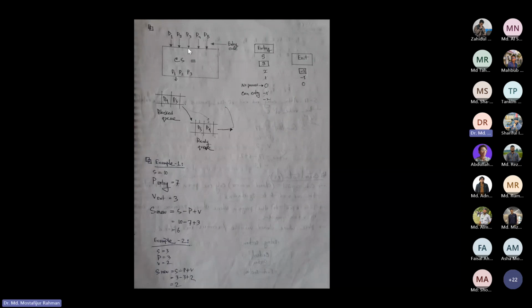Second, we can see there are 5 concurrent processes, but the semaphore is controlling this access. A semaphore value of 3 means only 3 processes are able to access this critical section. Clear? Then P2 comes. Now the semaphore value is 2. P2 can get entry or not, we will see here.